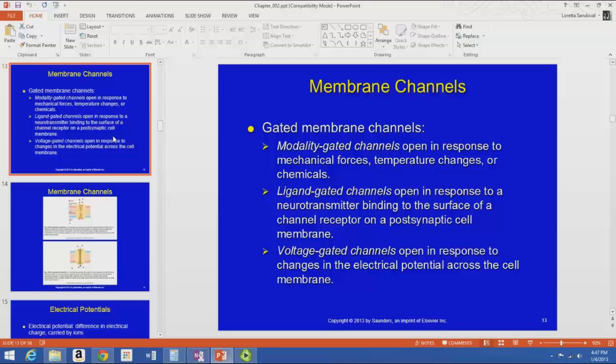The ligand-gated channels, when the neurotransmitter leaves, gets reuptaken into the presynaptic terminal, the channel closes because it doesn't have its stimulus anymore. With the voltage-gated channel, the electrical potential changes and then it goes back to its resting state and the voltage channel closes. So once you remove the stimulus, the channel closes. Okay?